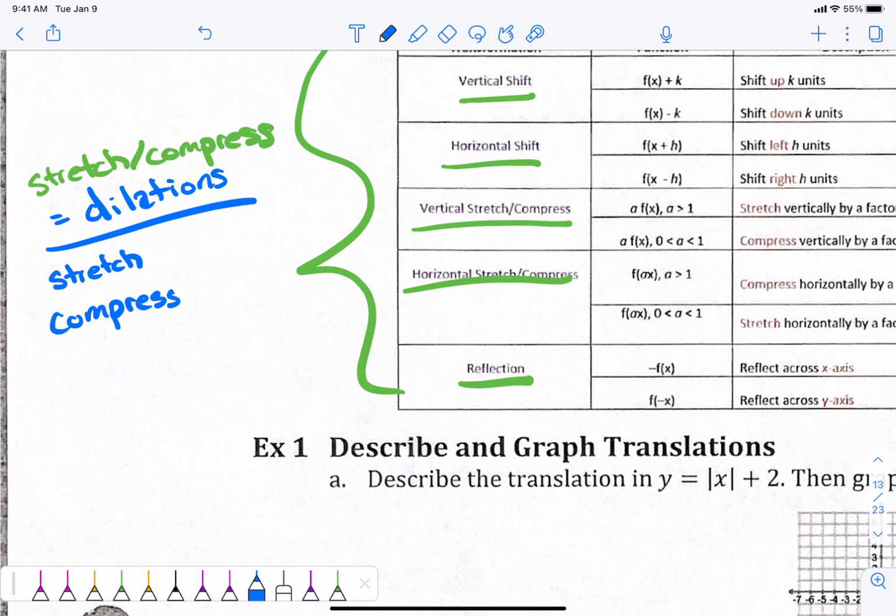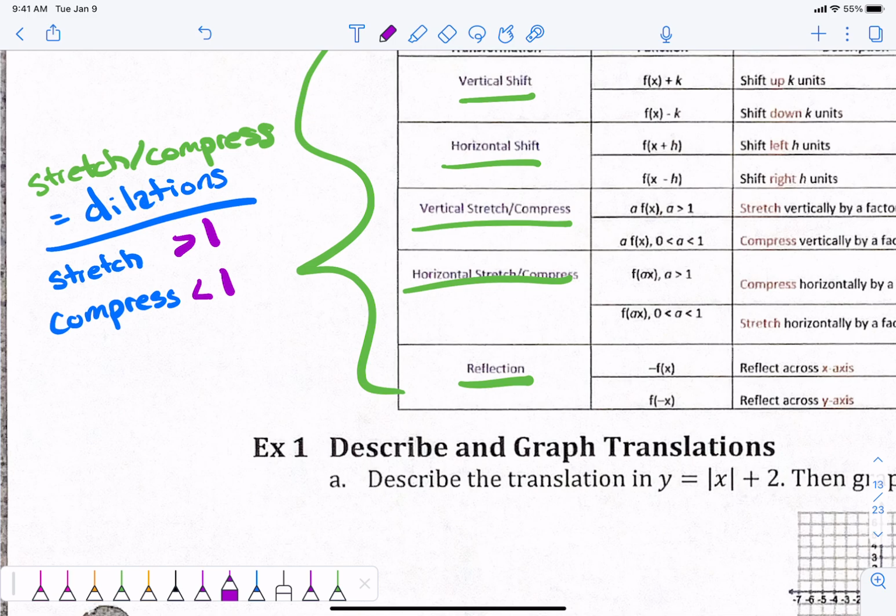If I'm stretching your height, I'm making you twice as tall, or 3 times as tall, or 4 times as tall. So it has to be a number that is greater than 1. That's the key, right? If it is a number that is less than 1, like you're half the size of what you were before, that's compressing, right? So a number that's less than 1. All right, now, what if the number is exactly 1? The same. You're taking your height times 1, so it's not changing your height, right?